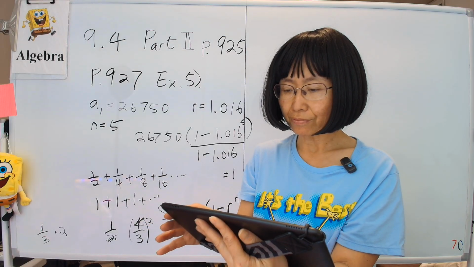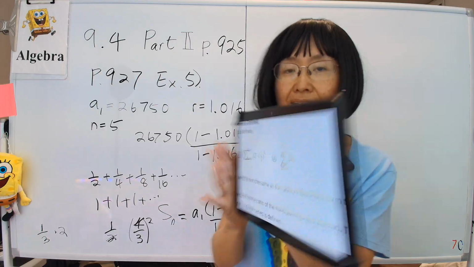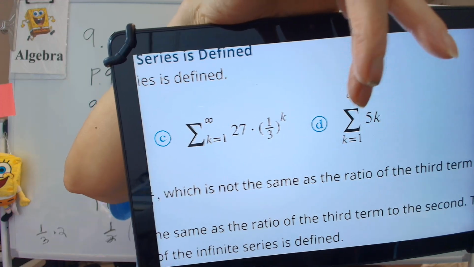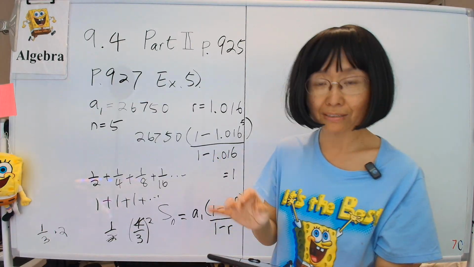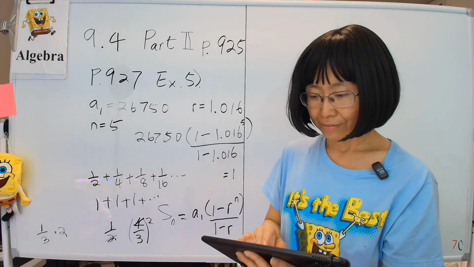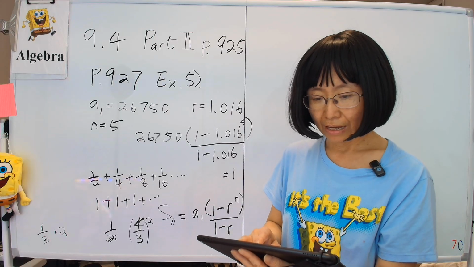And finally, D doesn't converge at all. D is just 5 plus 10 plus 15 plus 20 plus 25. That is going to go to infinity very quickly. So that's example 6.